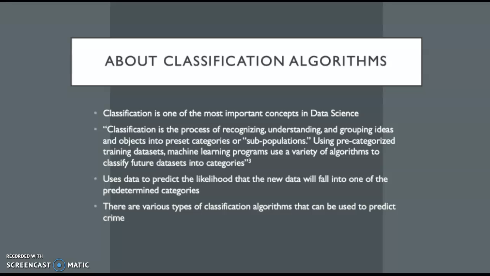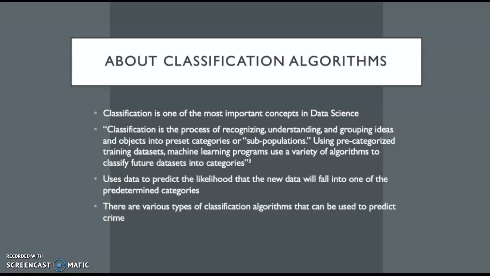So a little bit more about classification algorithms. Classification is one of the most important concepts in data science. We use it for so much. Classification is the process of recognizing, understanding, and grouping ideas and objects to present categories or subpopulations. These classes or these subpopulations is how we will be able to sort the data for crime.